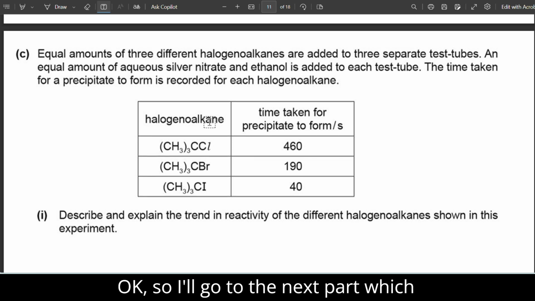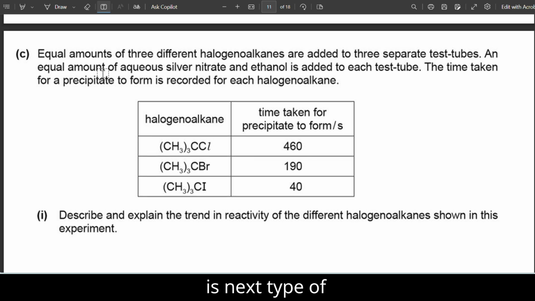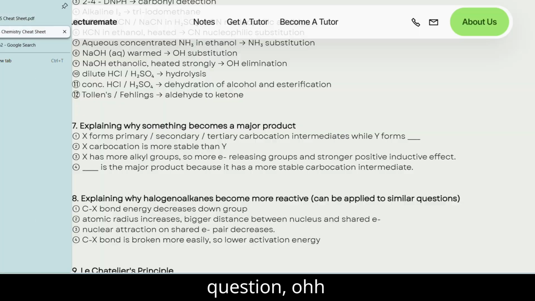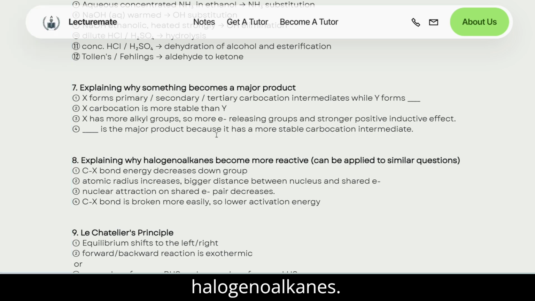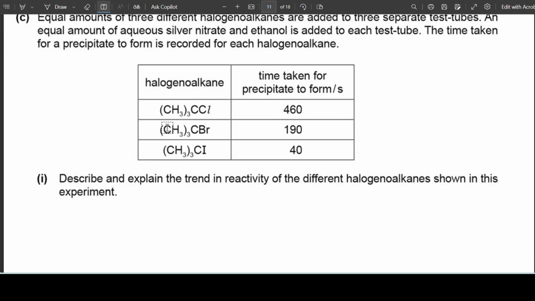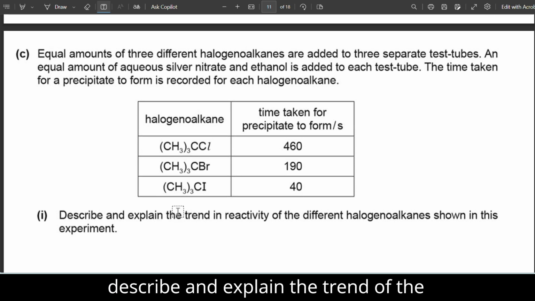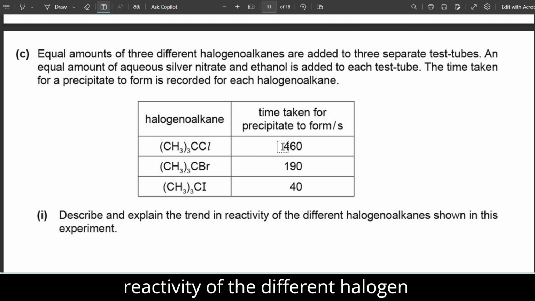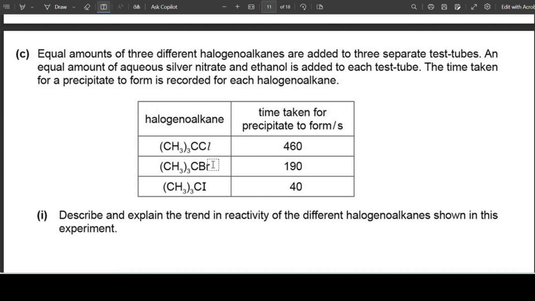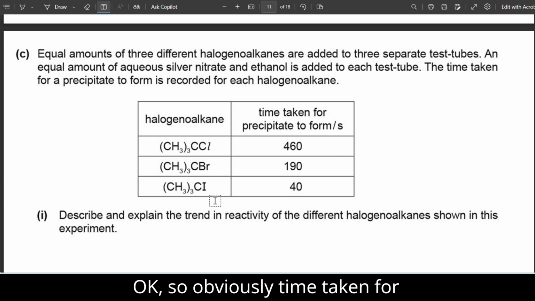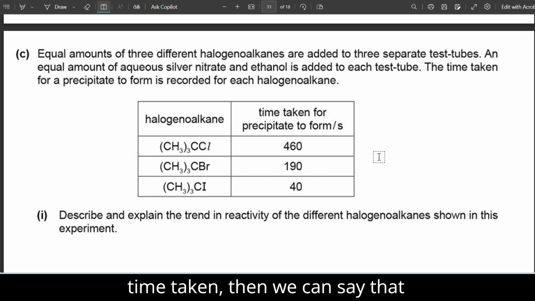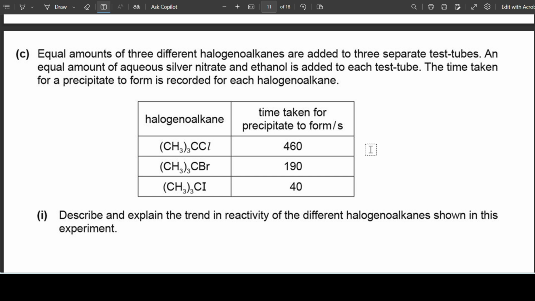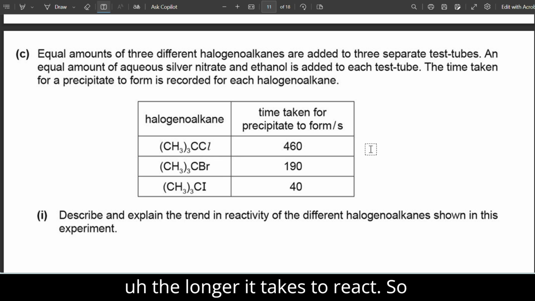Okay, so I'll go on to the next type of question, which is talking about the reactivity of halogenoalkanes. In this question, we have to describe and explain the trend of the reactivity of the different halogenoalkanes in this experiment. Obviously, we look at the time taken for the precipitate to form. The more time taken, the longer it takes to react.